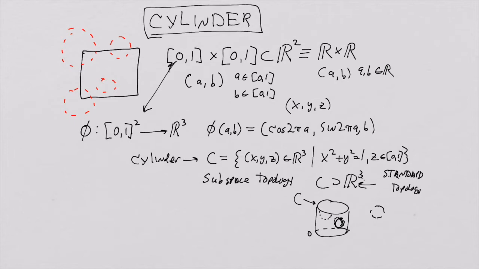The intersection of those open balls with the square, this piece and this piece, are all open sets in the square based on the subspace topology, and those open sets on the square form a base of the topology of the square. So we've topologized both the square and the cylinder with this subspace topology.